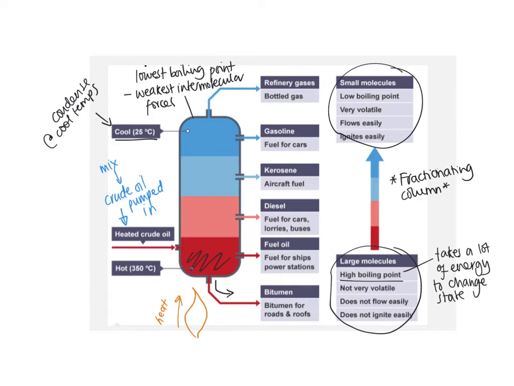Other things that we can see here and patterns that we have to be able to mention, especially for an exam when it says describe how a fractionating column works or describe the process of fractional distillation, you need to say that the boiling point decreases as you go up the column.